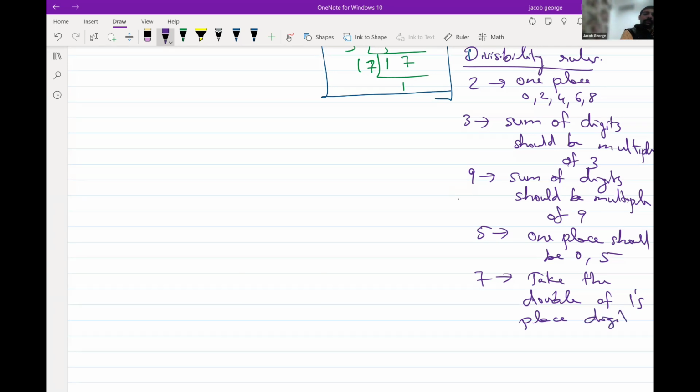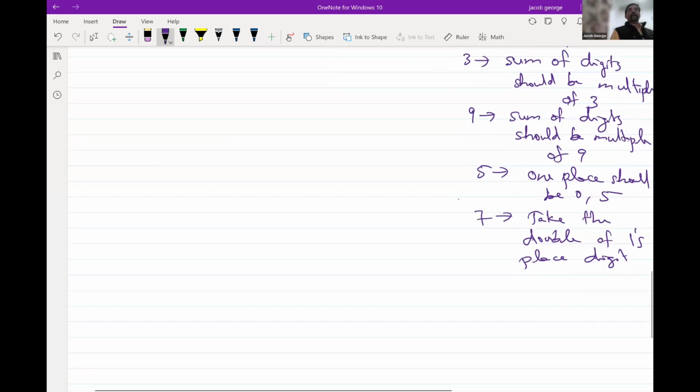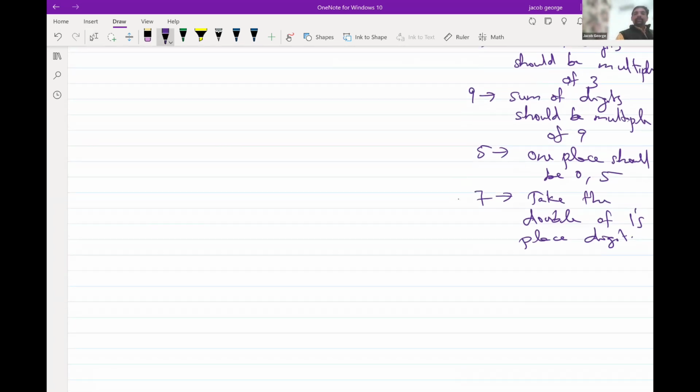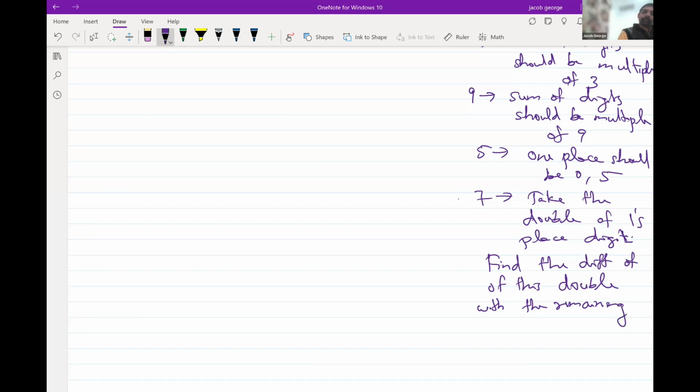Then we have to find the difference of this double with the remaining part. If it is a multiple of 7, then it will be divisible by 7.